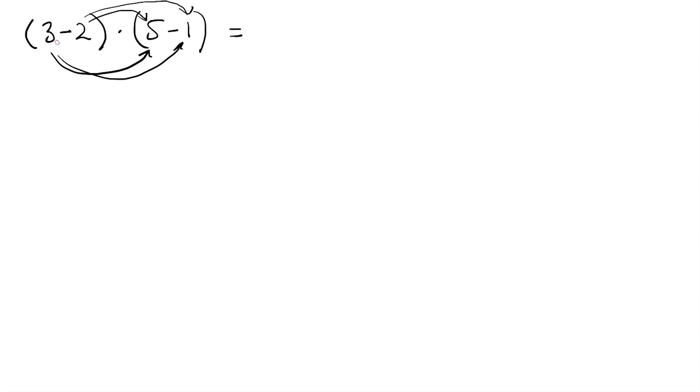In this case I have to multiply 3 and 5. And then I have to multiply 3 and 1. But since I have a minus sign, I have to put the minus sign here. And then 2 times 5, but then I have a minus. And then 2 times 1, but I have 2 minuses, and 2 minuses make a plus.